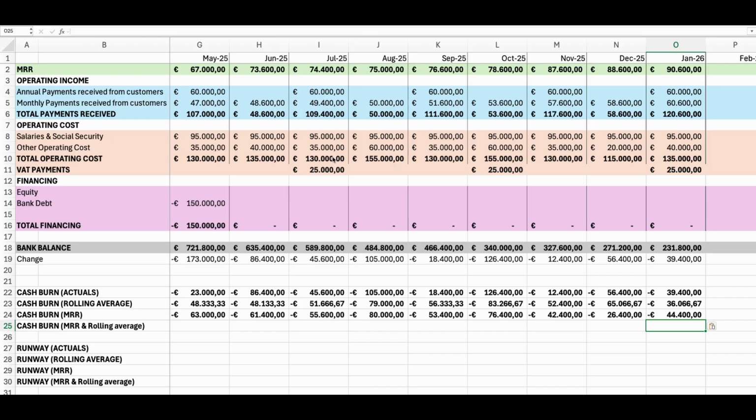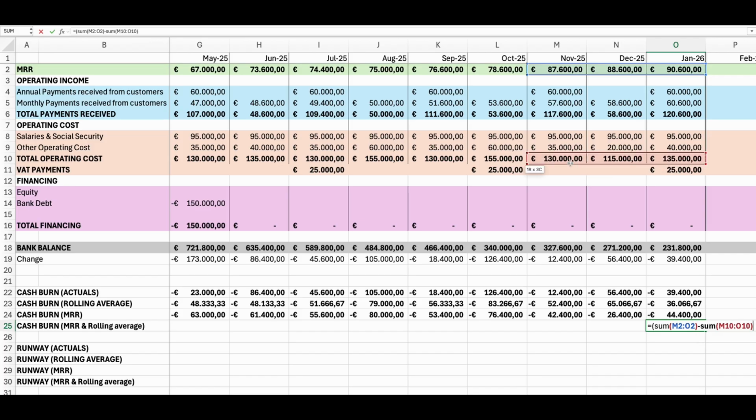What we're going to do is use the MRR number and make a rolling average here as well. So I'm basically taking 3 months of MRR, and then I'm subtracting my costs for 3 months, right?